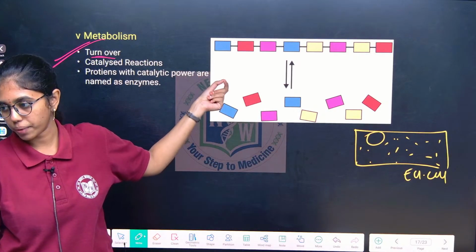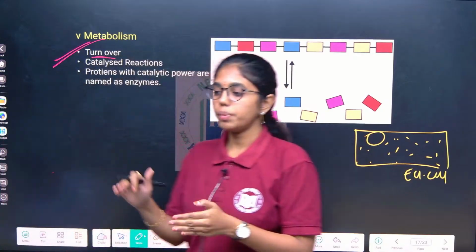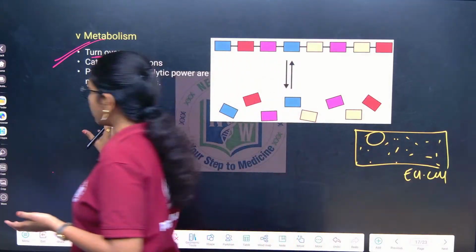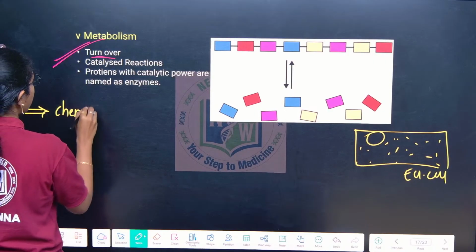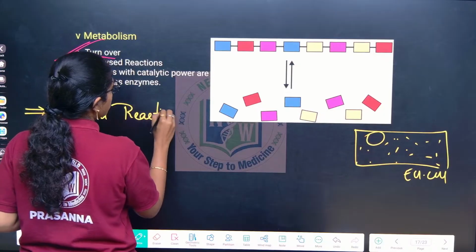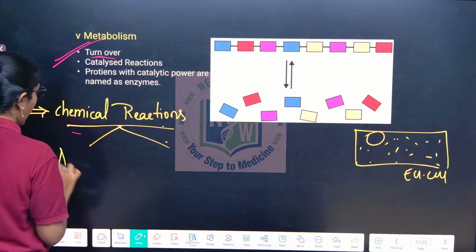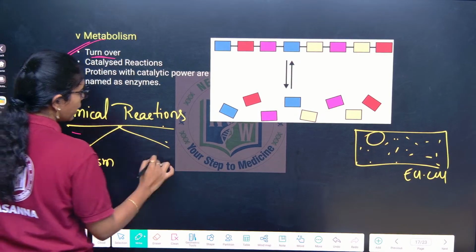One molecule will be forming and the other molecule will be destroyed. So in simple terms, all the chemical reactions that are happening inside the cell, which include both anabolism and catabolism.